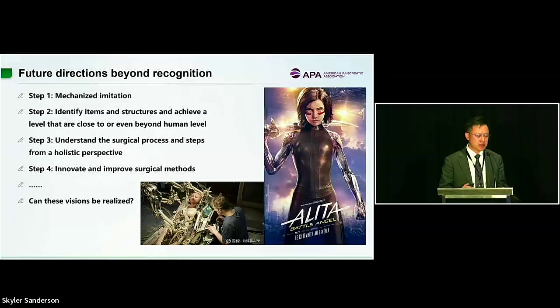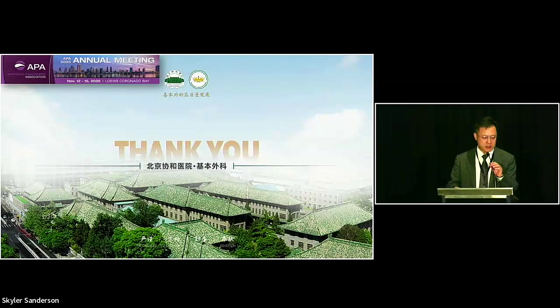The third step is to understand the surgical process, to know the phase recognition and the steps from a holistic perspective. And the last one, not the least, is innovation and improved surgical methods. So that's all. Thank you very much.